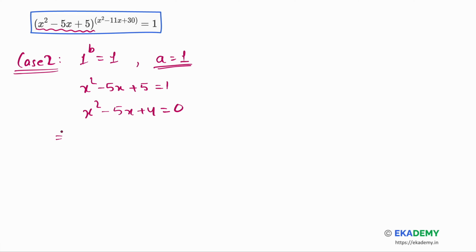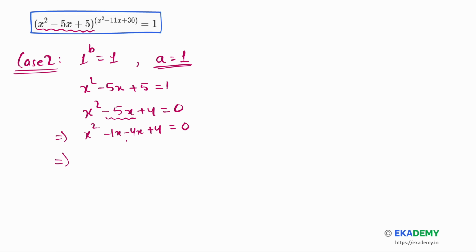So, we need to split the middle term, minus 1 and minus 4. So, x square minus 1x minus 4x plus 4 equals 0. When we add these two terms, it is minus 5x. When we multiply these two terms, it is 4x square, the product of the first and last term.